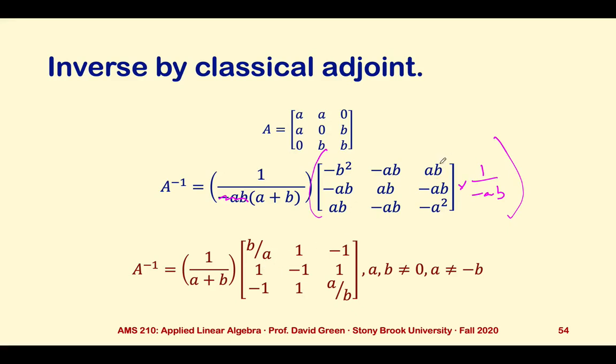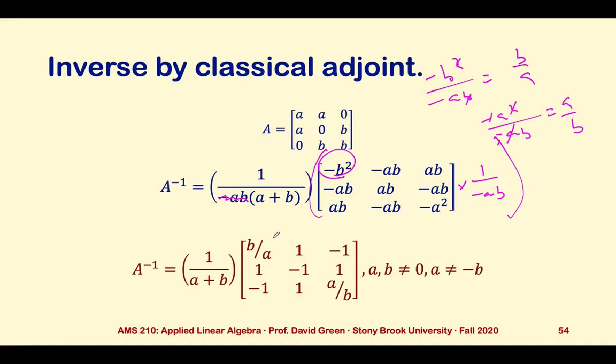All of the positive ABs become negative 1s. And the term here, negative B squared over negative AB, the B cancels out here and we're left with B over A. Similarly, negative A squared over AB, so negative AB, the A cancels, the negatives cancel, and we're left with A over B.